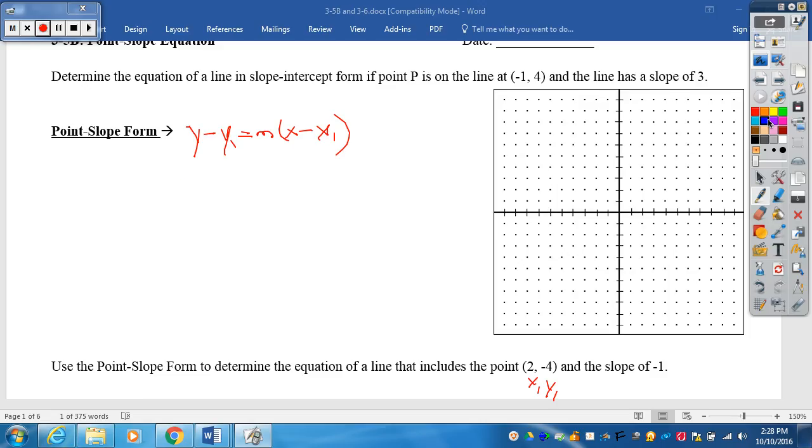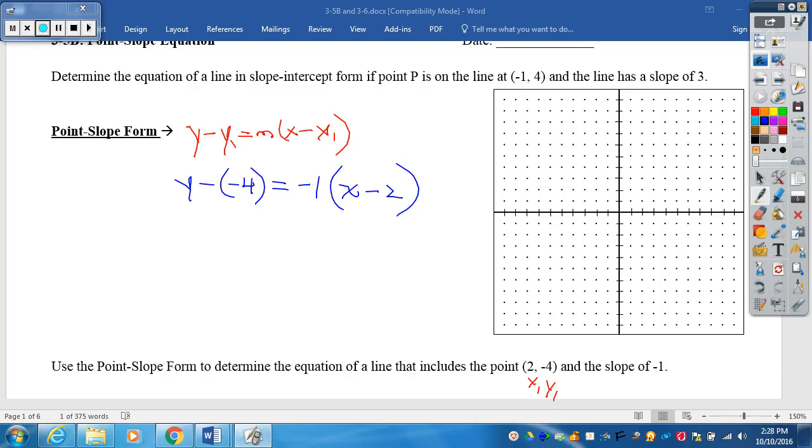We have y minus, hopefully you didn't forget, parentheses negative 4. Very, very important, the parentheses there. The slope is negative 1, parentheses x minus x sub 1, which is going to be 2. Okay?